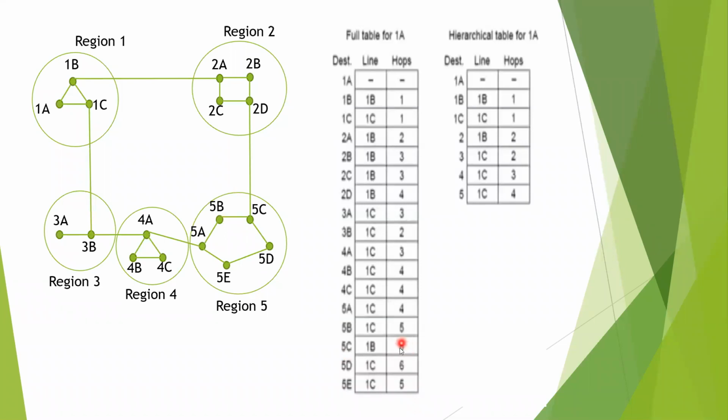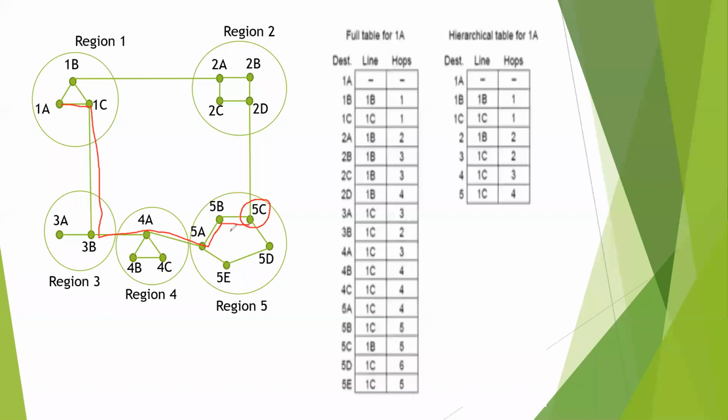5 hops through 5b. If I go like this, then it will take 6 hops. See here, I want to reach 5c. Either I can go like this, 1, 2, 3, 4, 5, and 6.